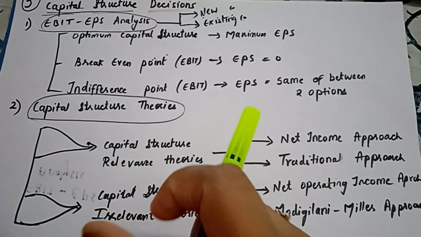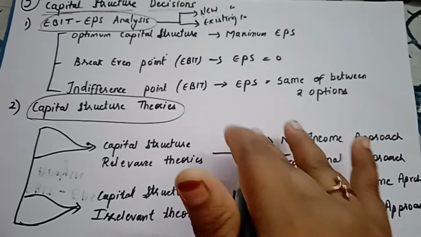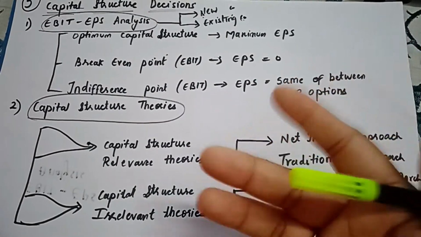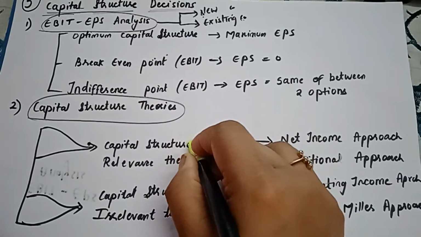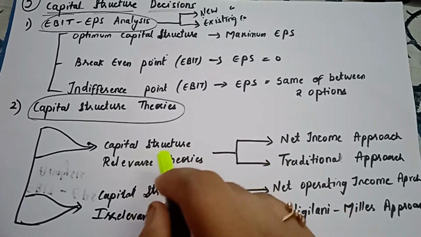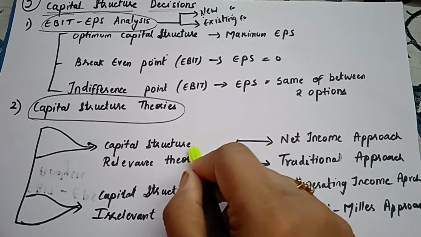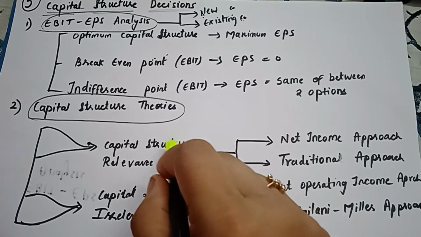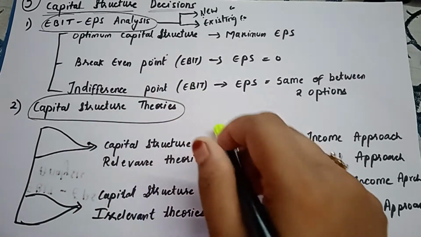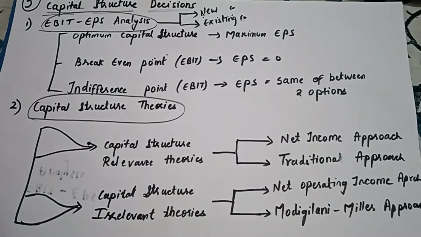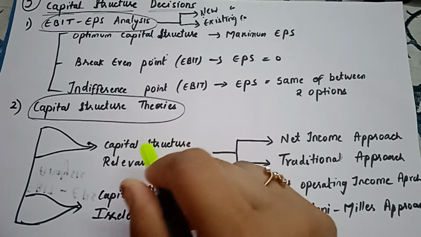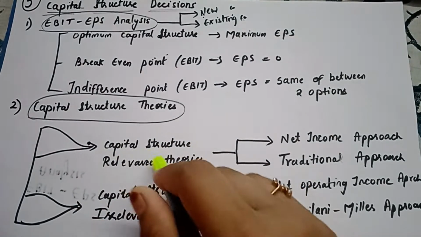Basically, the capital structure relevance theories are those where the researchers found that the market price, the value of the firm, will be affected by the capital structure. What kind of debt you are taking, what the cost of capital is, everything you consider in the capital structure will surely affect the value of the firm.